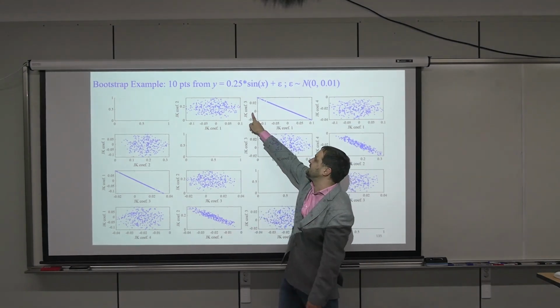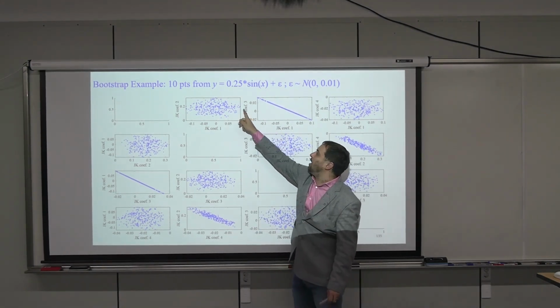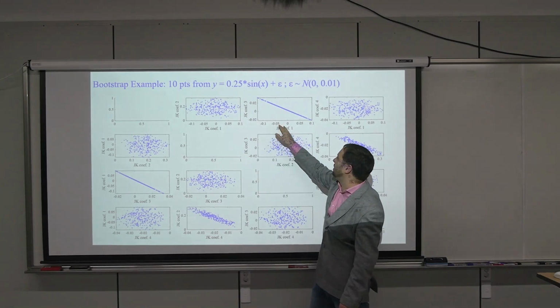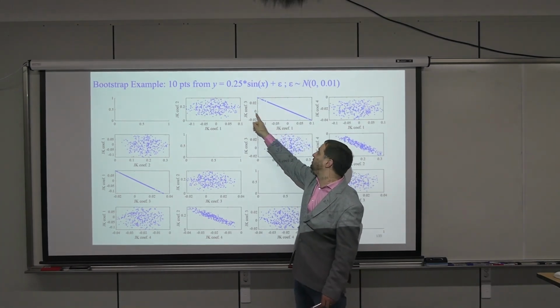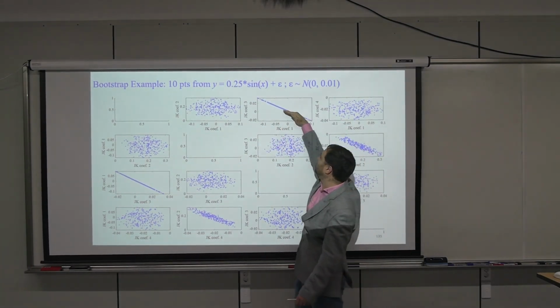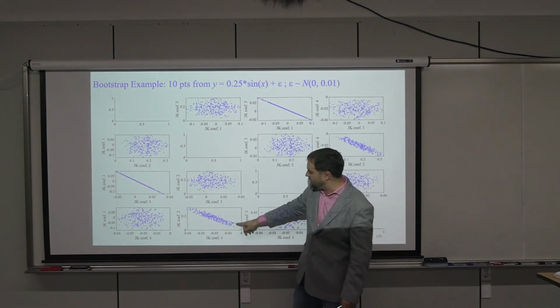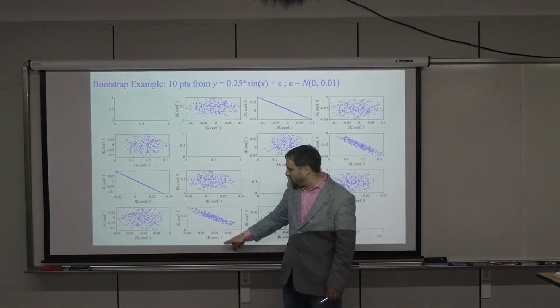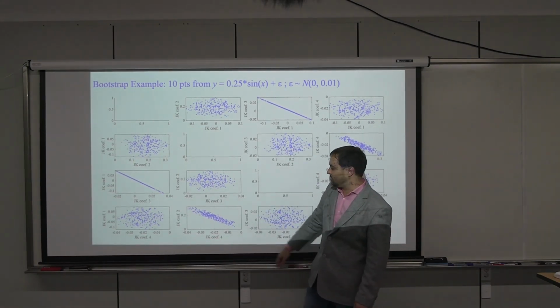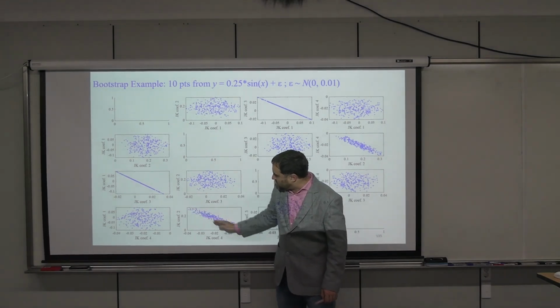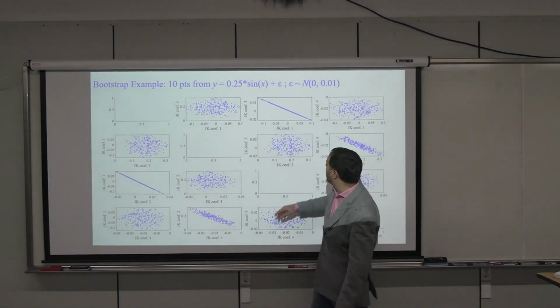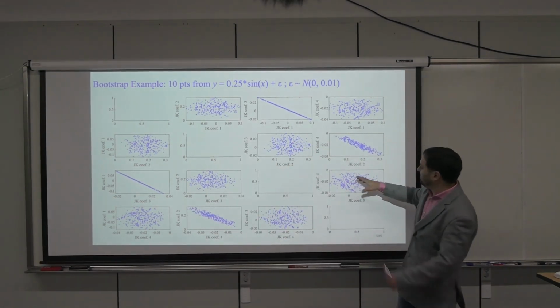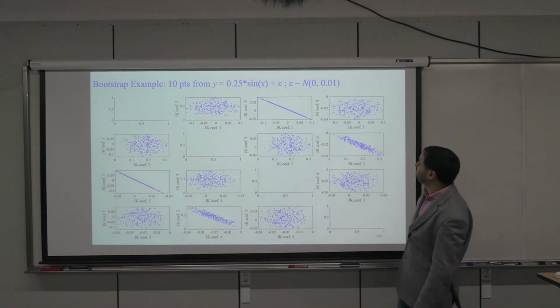Oh no, this is the 3 and 1. So this is beta 2 and beta naught. There's actually a really strong correlation. And then 2 and 4, which is beta 1 and beta 3, there sort of is also a correlation. Some of the other combinations are more of a random spread.